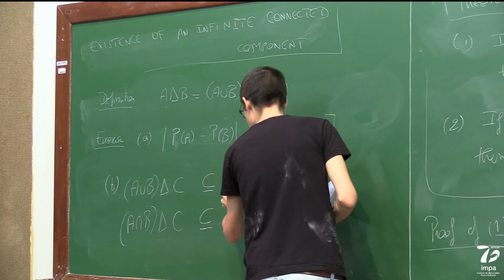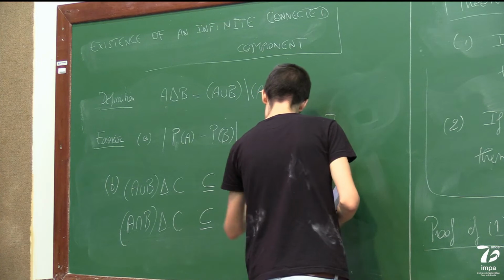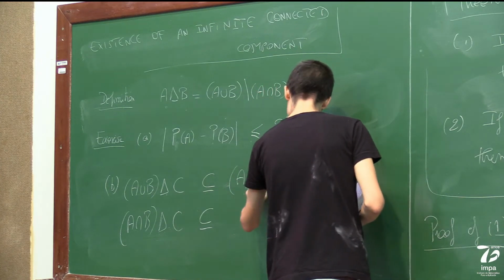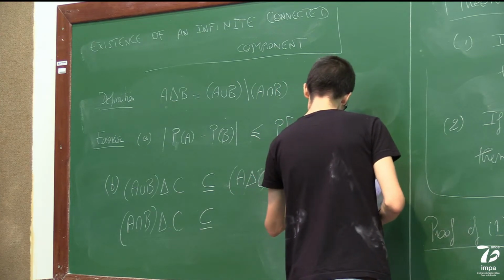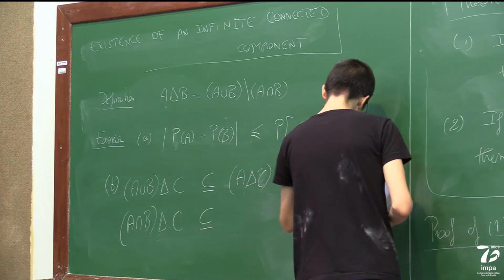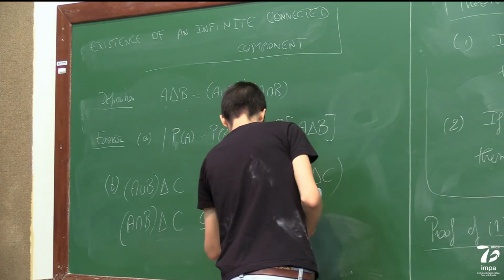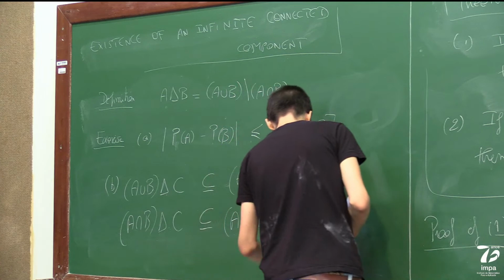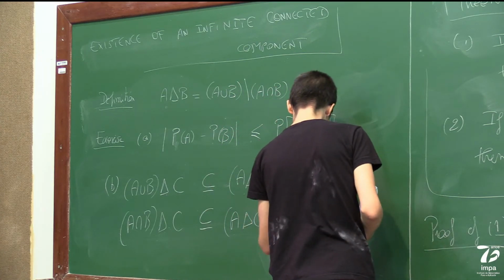So here this is A union B symmetric difference C, included in A symmetric difference C union B symmetric difference C. And this is also A intersection B symmetric difference C, included in the same union. And this is important.